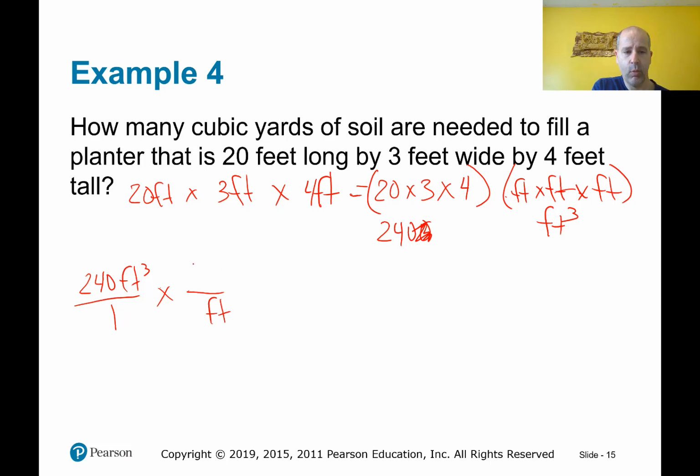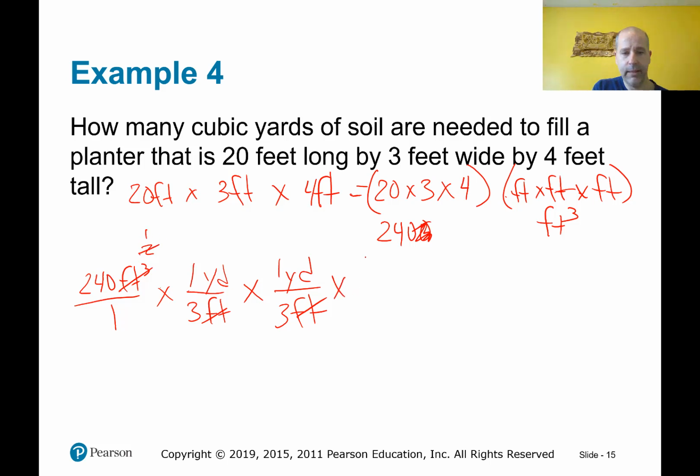And so I know that 1 yard is equal to 3 feet, but that only takes care of one of the feet, right? So if I cancel this, I still got feet squared. Well, let's do it again. 1 yard over 3 feet, okay? And that's going to cancel with another one.